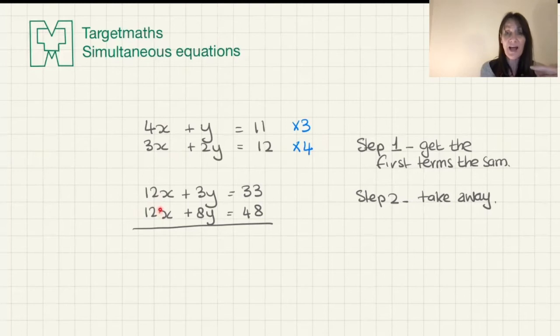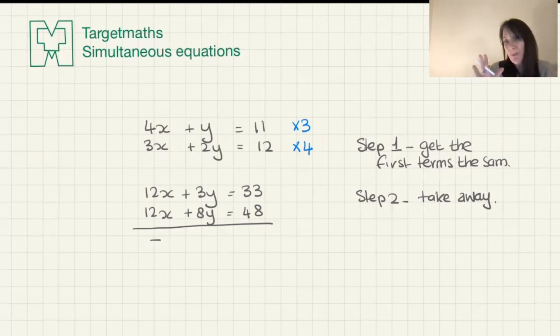If I do that, I'm going to end up with 0, no x's. They have been eliminated. And that is what we want to do. We want the x's to just be gone so we can concentrate on the y's. So they have gone. So now I'm looking at my y's.